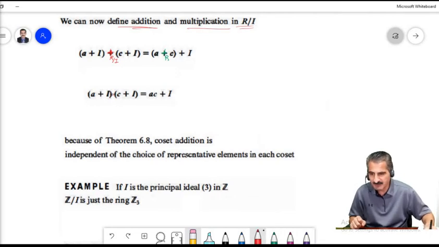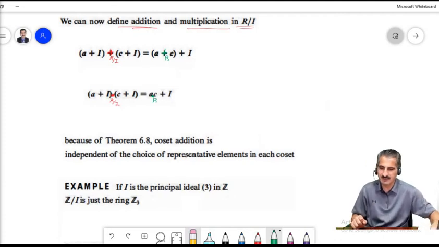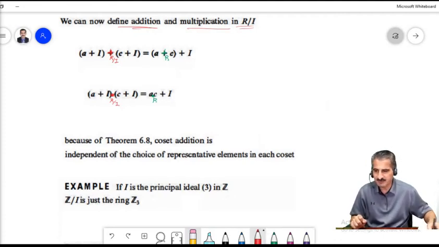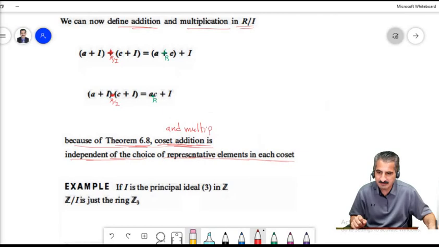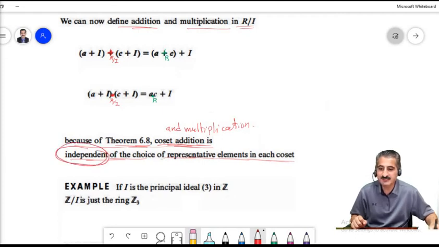The multiplication which was defined here is the one for R over I, while the multiplication in here, with no space, is the one of R. Okay, so what theorem 6.8 tells us is that the coset addition and multiplication are independent of the representative chosen.